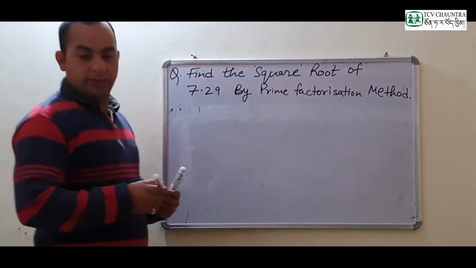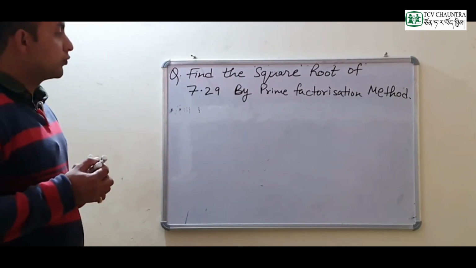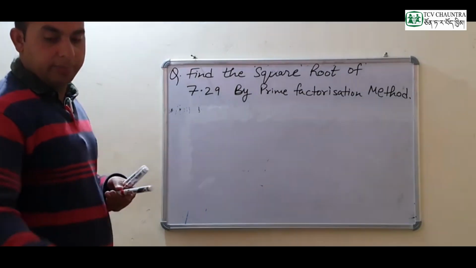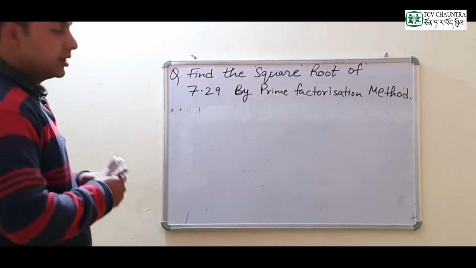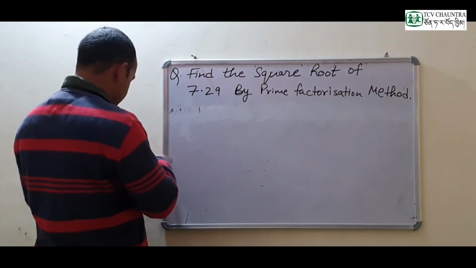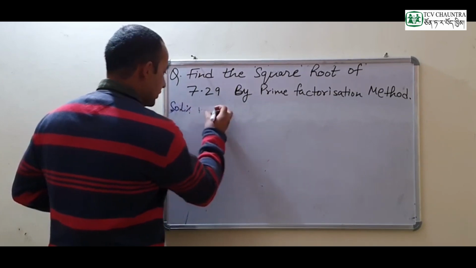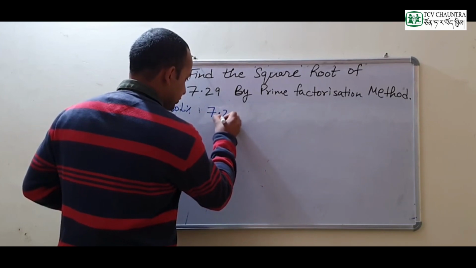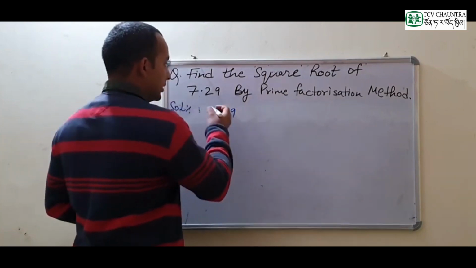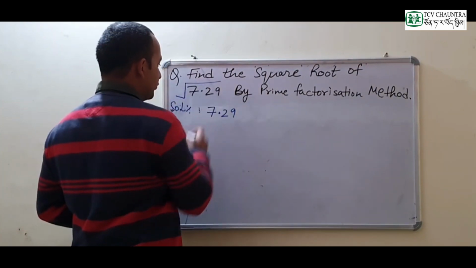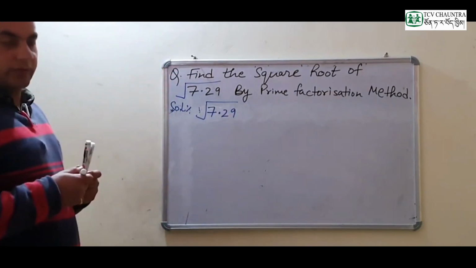Okay, now we are going to check with the help of prime factorization whether this decimal number is a perfect square. Now we are going to solve this decimal. So 7.29: we are going to find the square root of 7.29.